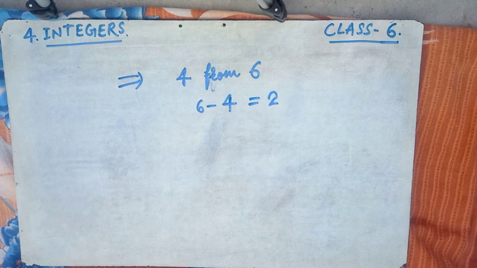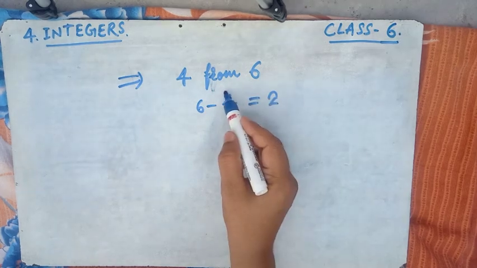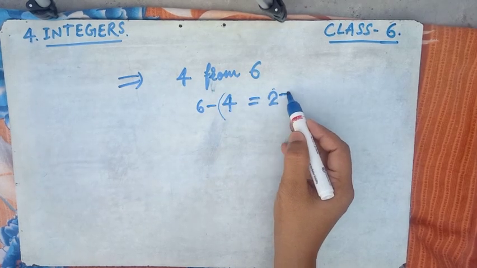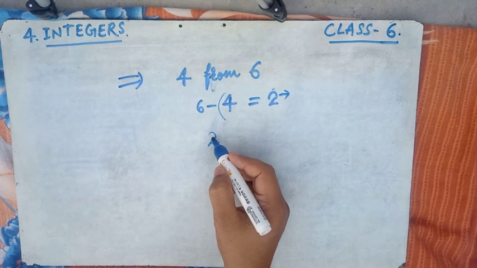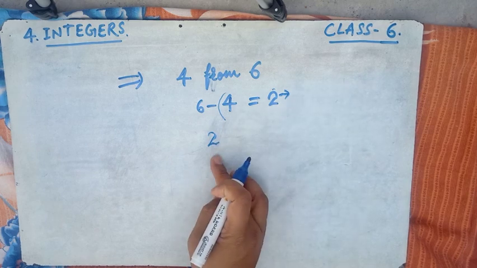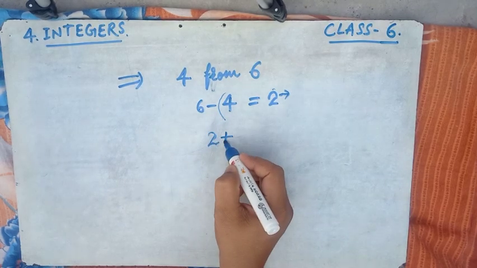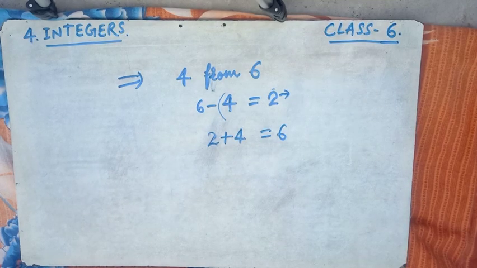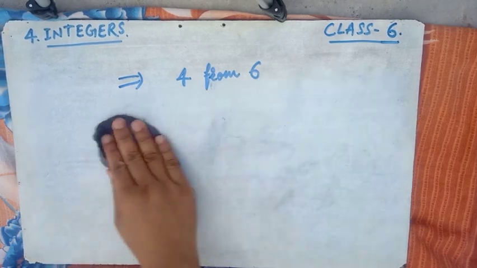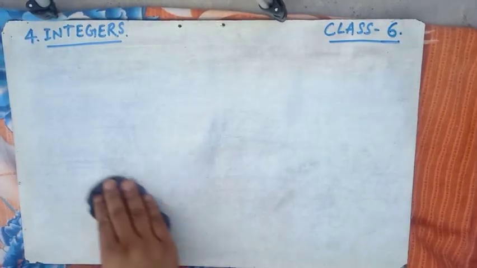In reverse order, we want to find what number should be added to this 2 that gives 6. Yes, this is 4. So this is just vice versa. That means addition is the vice versa of subtraction, or subtraction is the inverse process of addition.